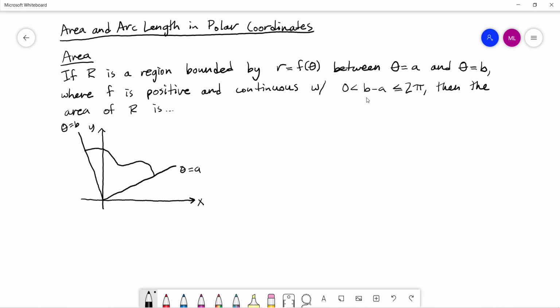And then this has to be true. Basically, the span from our starting angle to our ending angle, which is b minus a, needs to be less than 2 pi, or equal to 2 pi. So basically, I can define it for one full rotation, but if I let it go any further than that, if we rotated more, went around more than once, the area no longer makes sense. It no longer makes sense to talk about the area of a circle if you're saying, I'm going to let theta go like this.